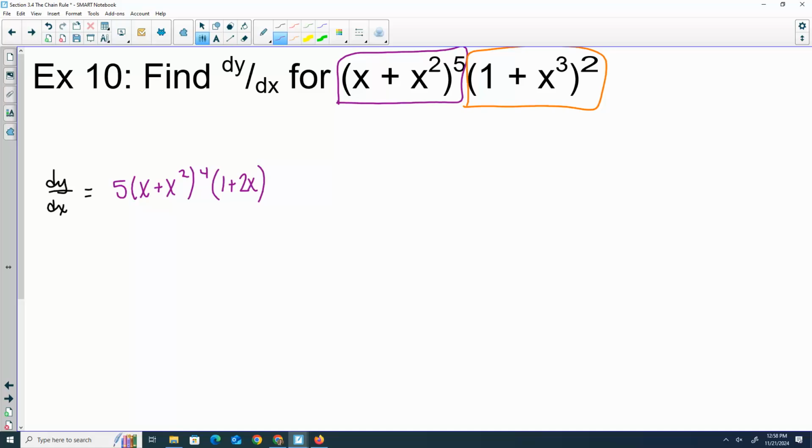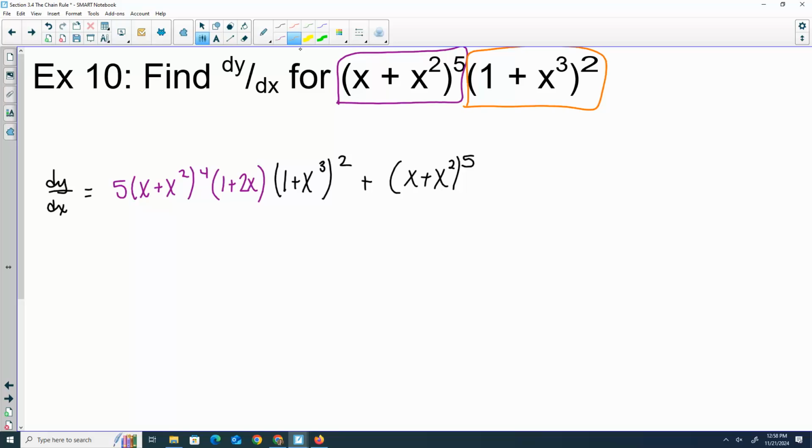So the product rule is the derivative of the first times the second, plus the first times derivative of the second one.